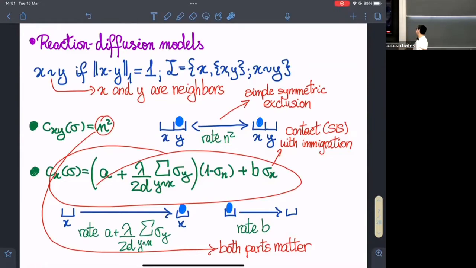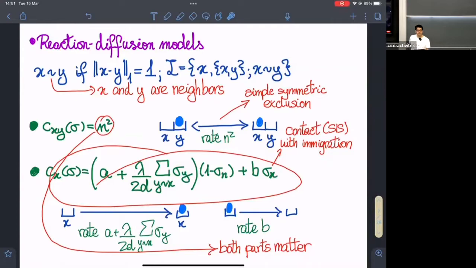The first reason is that, as I was telling you before, nowadays everybody talks about epidemiologic models. One very nice epidemiologic model is the contact process, and this rate is somehow reminiscent of the contact process. It's what I call the contact process with immigration. Let's try to interpret what is going on in this rate that I wrote here.